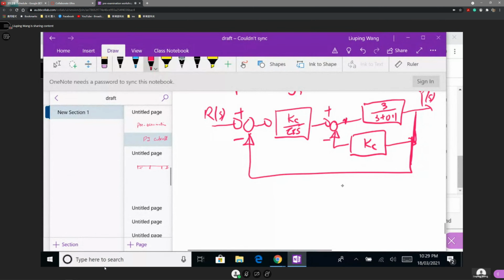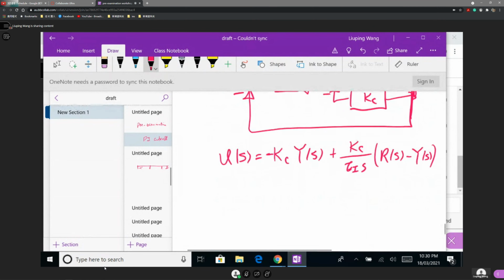From this point, your U of s is equal to Kc Y of s minus, and then plus Kc over tau I s times R of s minus Y of s, right? So what is the Y of s?